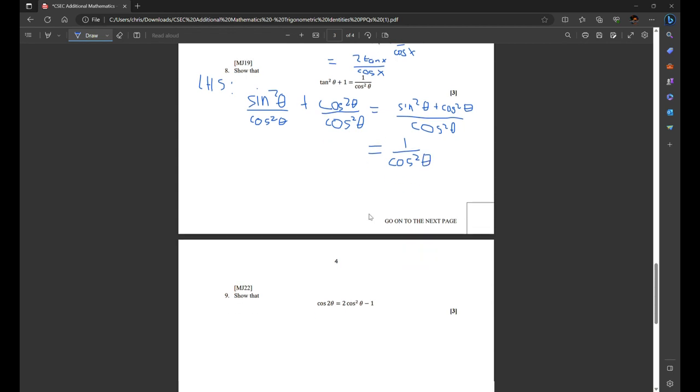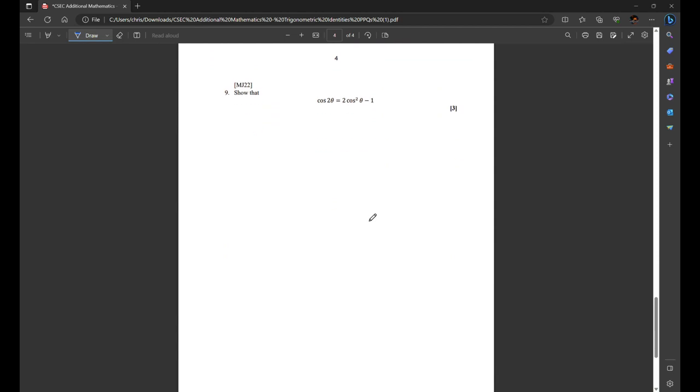Okay, so number 9. Cos 2 theta is equal to 2 cos squared theta minus 1. So this is one of those ways of writing cos 2 theta that I had talked about earlier. If this is the last question, I'm actually going to show you all 3. They all come from the original one, which is cos squared theta minus sine squared theta.